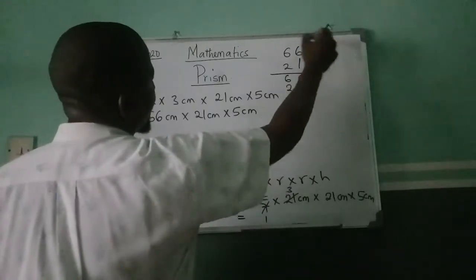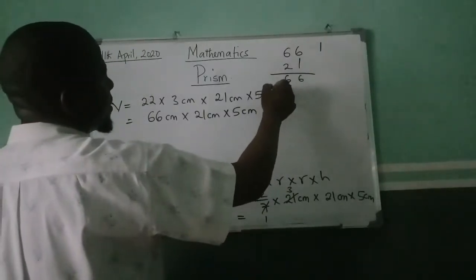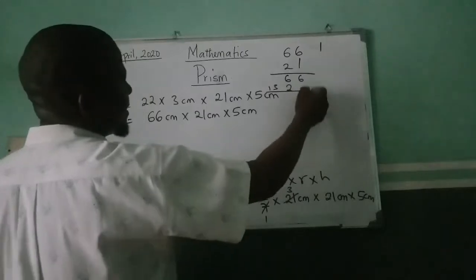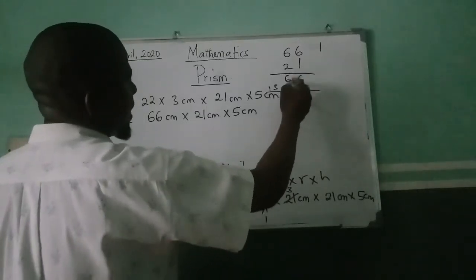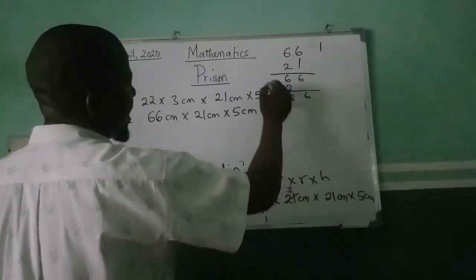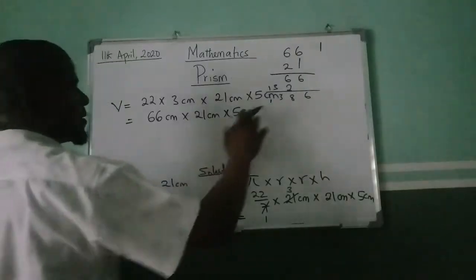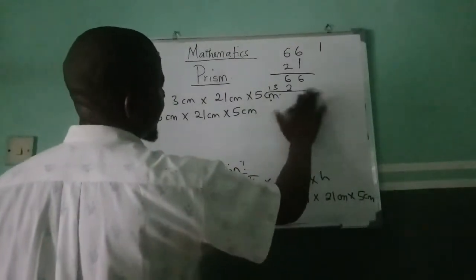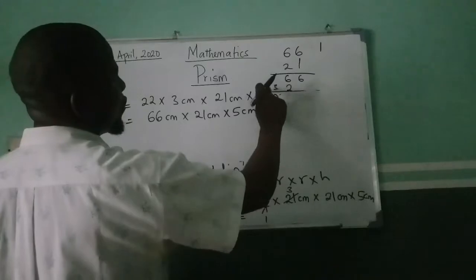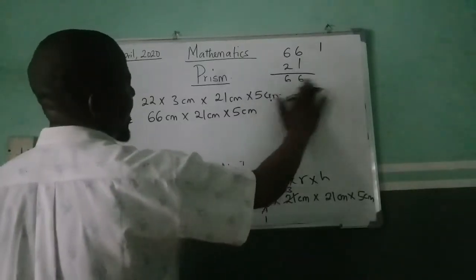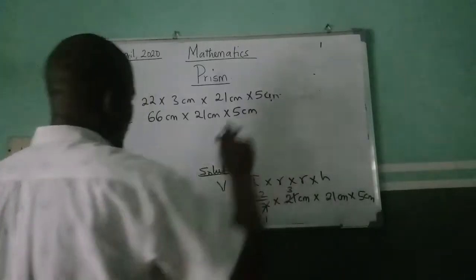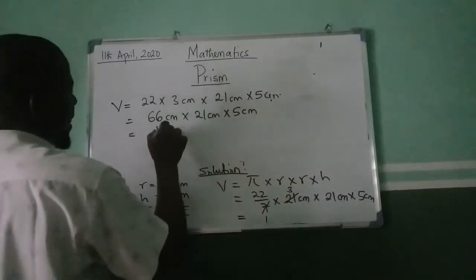You write down 2, carry 1. 2 times 6 is 12 plus that 1, we have 13. If I add this, I'll have 6, I have 8, I have 3, I have 1. That is solving this. I'll have 1386 when I add this.